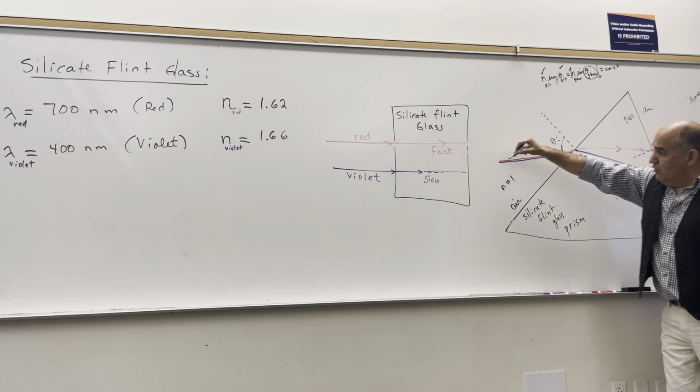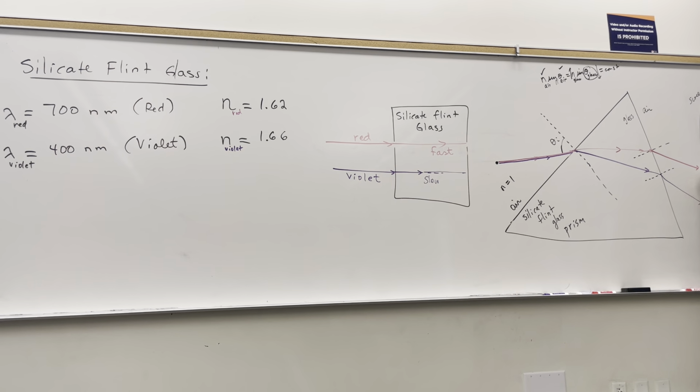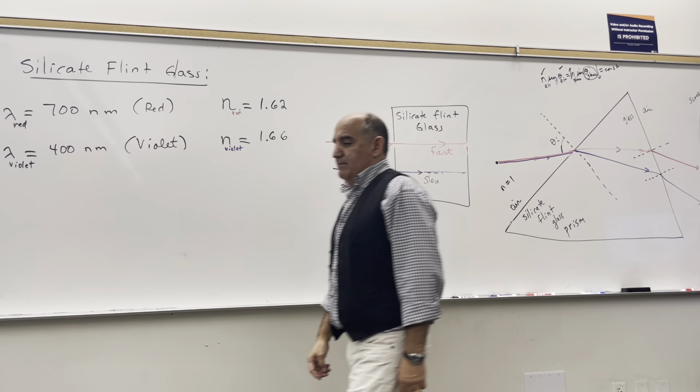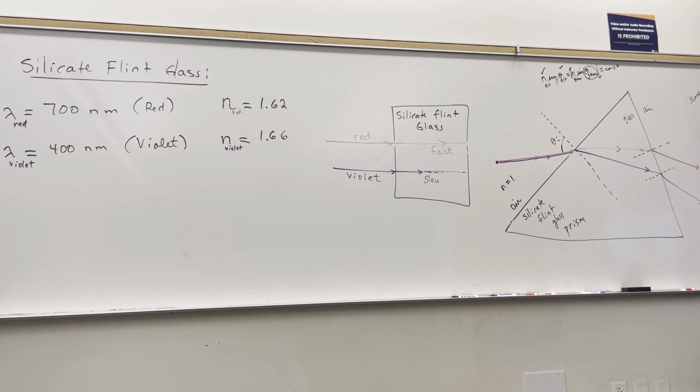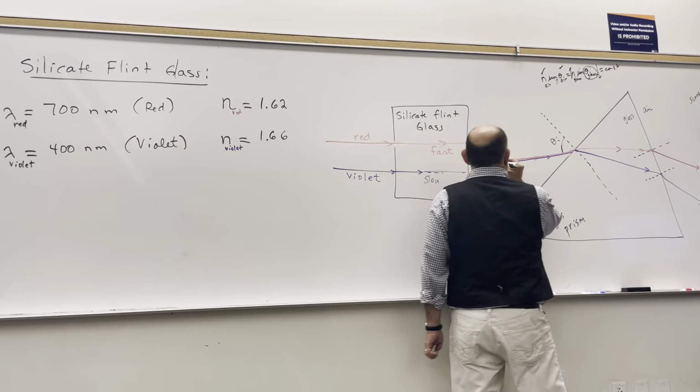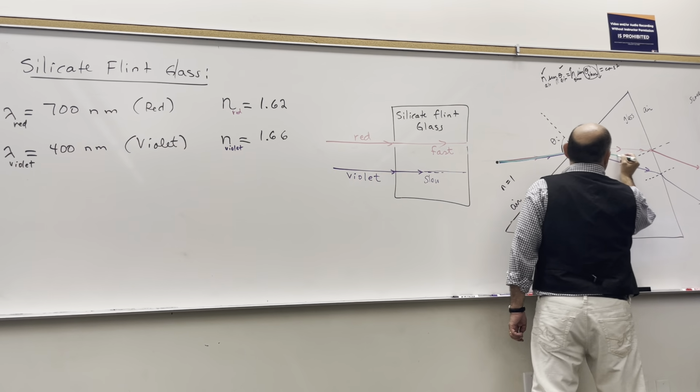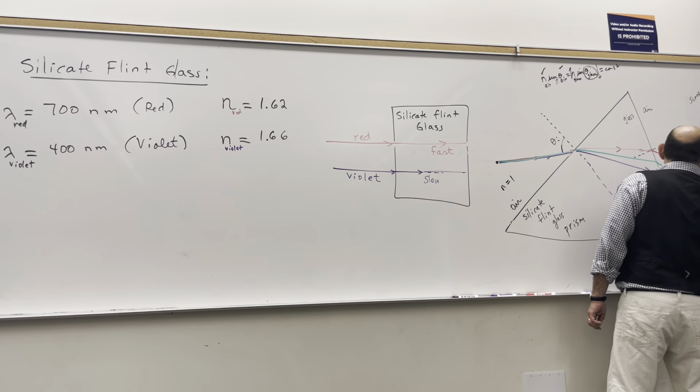So if you put a screen over here, and you send in the two colors together, by the time they hit the screen, you're going to see a red spot over here, and in a separate location, you'll see the violet spot. And you can imagine, green is between the violet and the red. So if I included a green beam of light in this here, the green is going to go between them, and that'll be green.